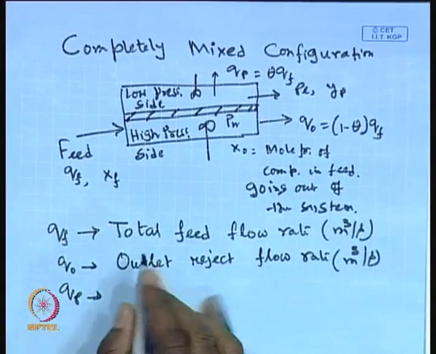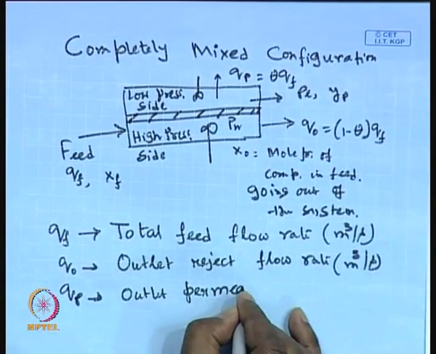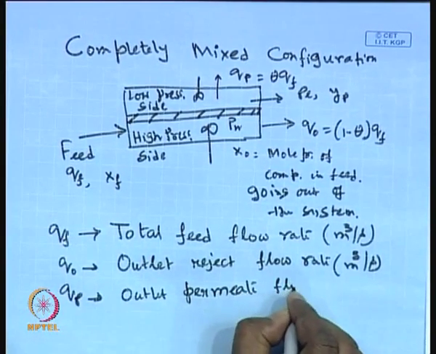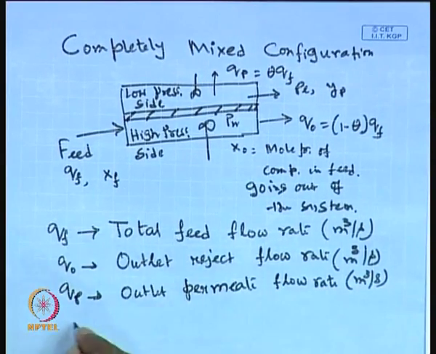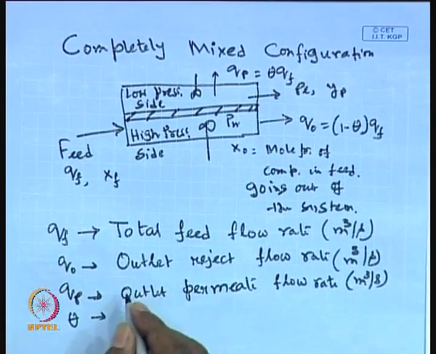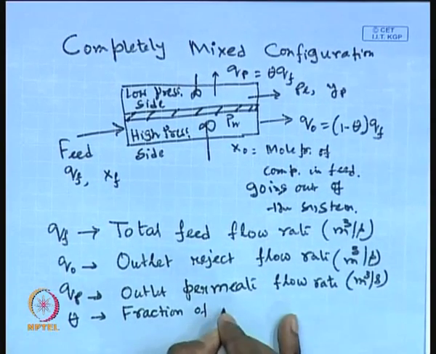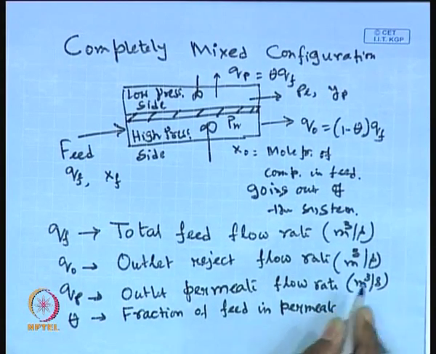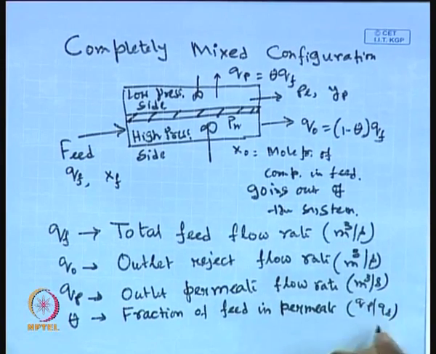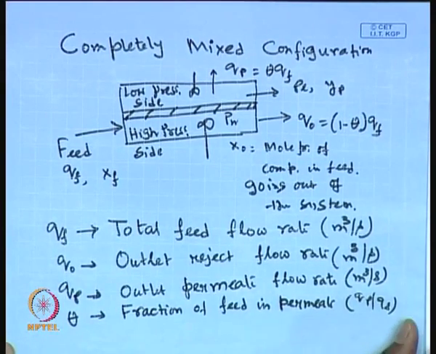Qp is the outlet permeate flow rate, in meter cube per second, and theta is the fraction of feed in permeate, that is Qp divided by QF. So, these are the notations that we are going to use.